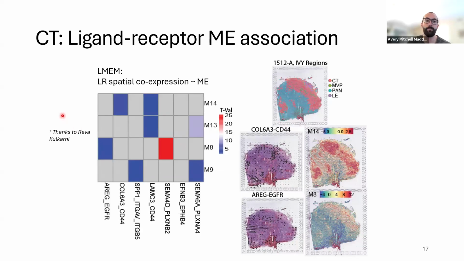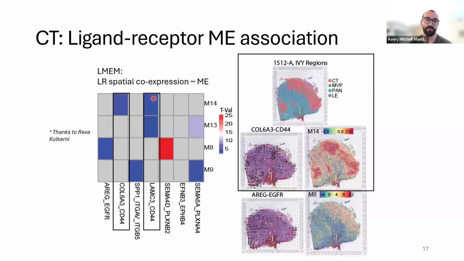This work is in large part thanks to Reva, who performed the ligand-receptor co-expression analysis on a single-cell RNA-seq data set of glioblastoma to obtain cell type-specific ligand-receptor interactions, and then map that data onto our spatial data to then look for ligand-receptor co-expression associations with our module eigengenes.